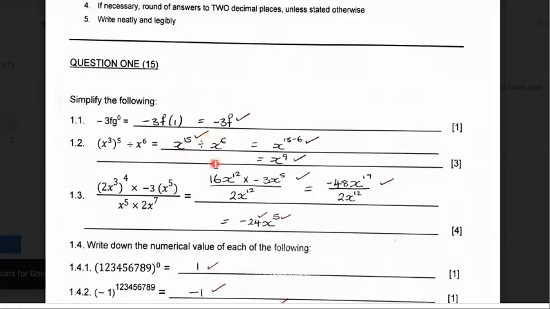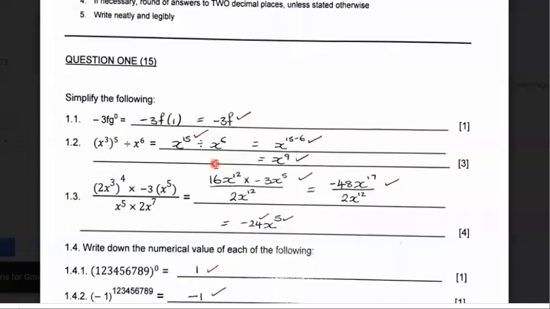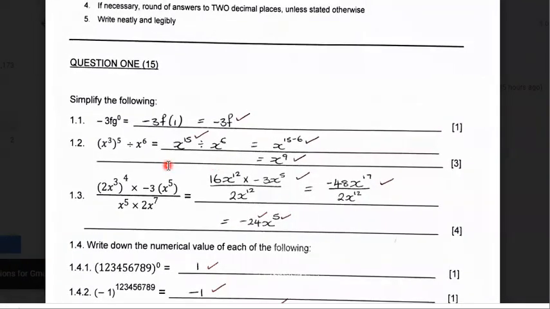And you would simply divide that by x to the power 6 as was in your question. Because you've got the same base of x and you are doing a division problem, you must subtract the exponents. So we've got x to the power 15 minus 6, and our answer would be x to the power 9.